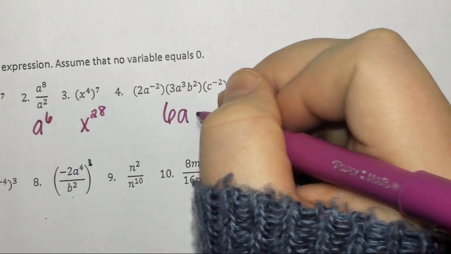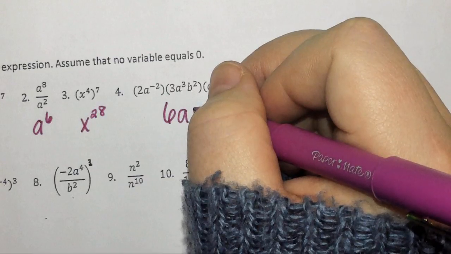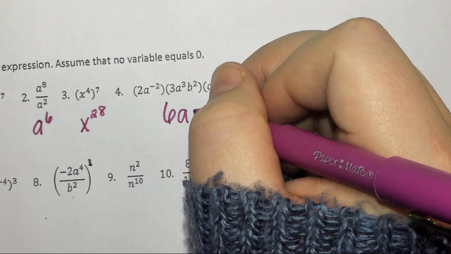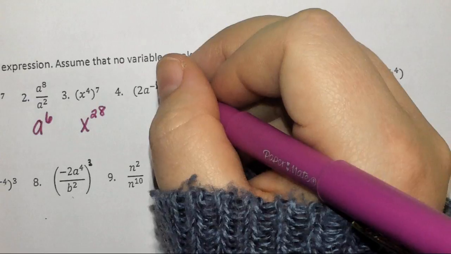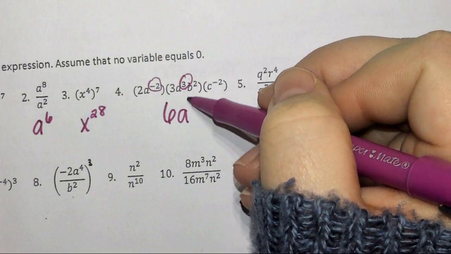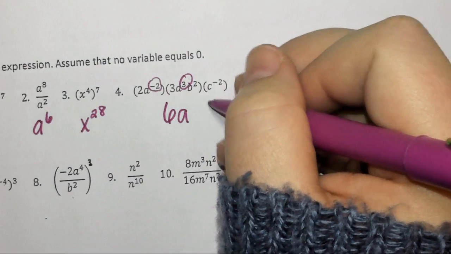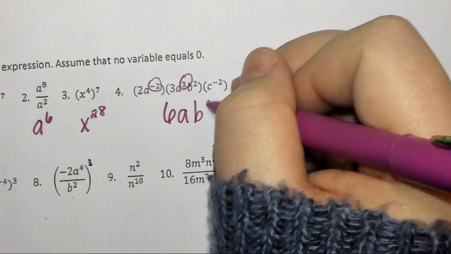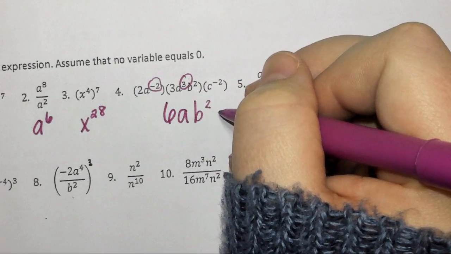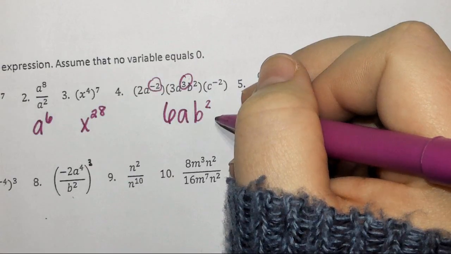And then it's a to the what power? This one is, yeah, but we're supposed to add. 3 minus 2 is just a to the 1. I don't write the 1, though. And then it's b to the what power? And then c to the... But I can't put it at negative 2.